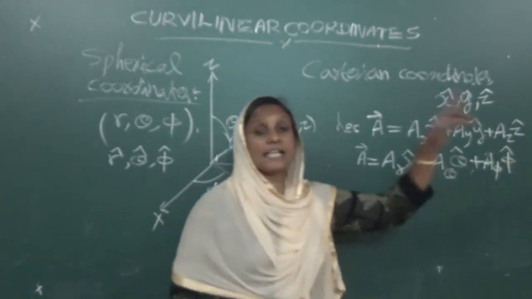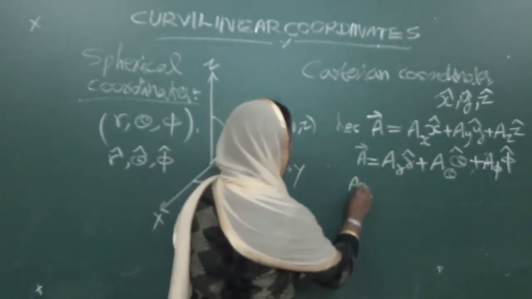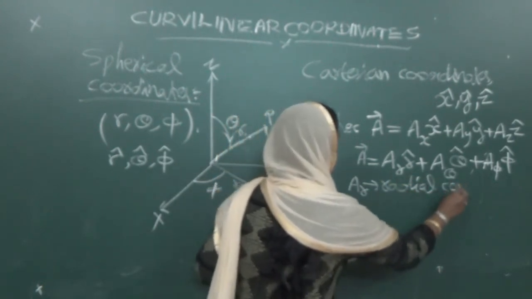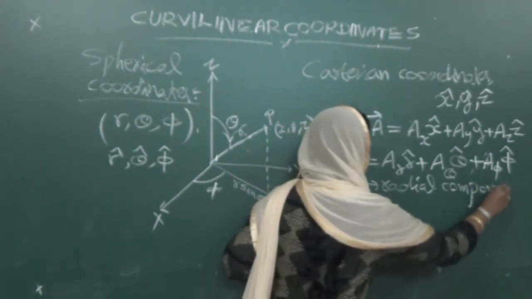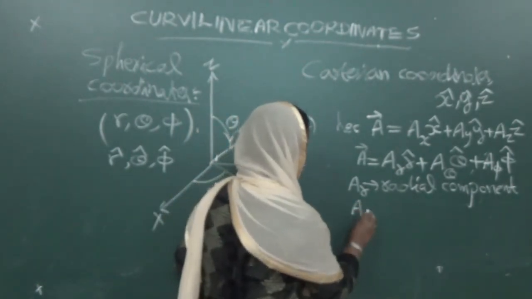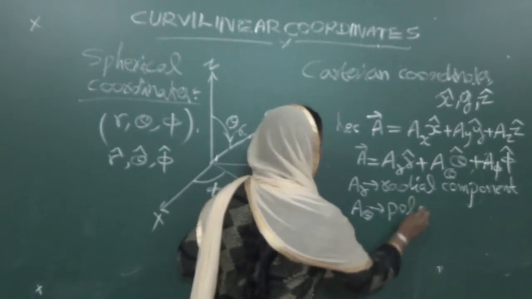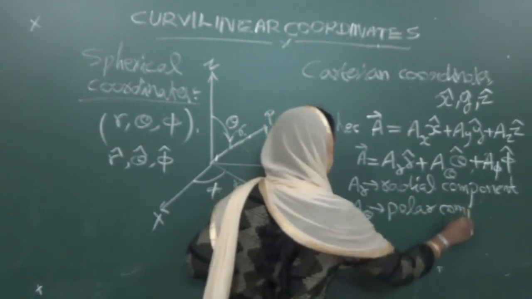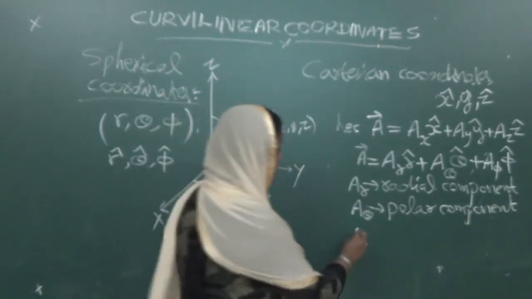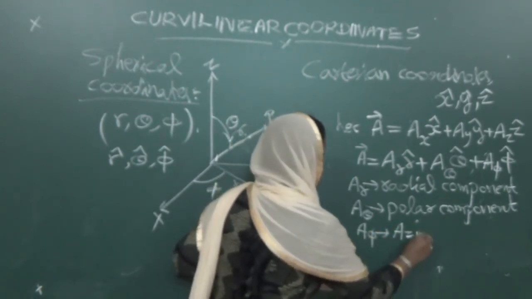A phi is called the azimuthal component of the vector.